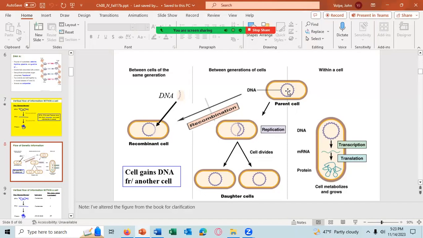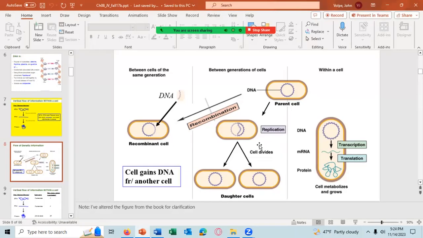And so the flow of information between generations of cells, or between generations in people, happens from the parent or the parent cell to the daughter cells by DNA replication. And then the cell divides. Any question about that?